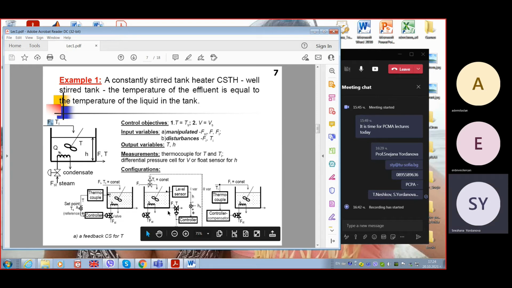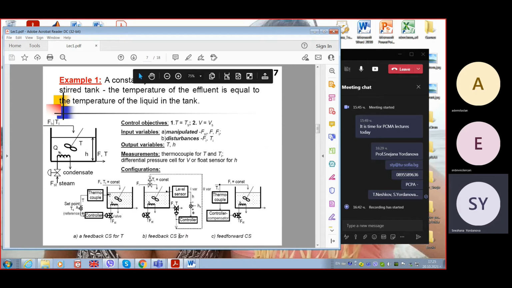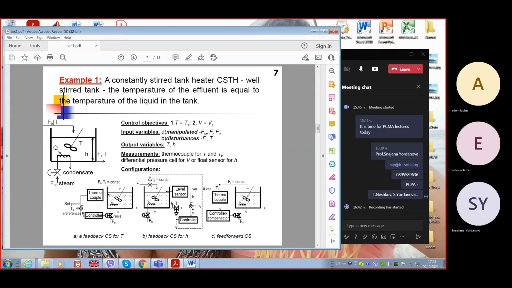Here we have a closed loop system, or feedback control system, for level in two different variants. So the first is the application of the input at this point. So we change the flow rate at the output. This way we influence level. So it is again a loop, closed loop or feedback system for level.